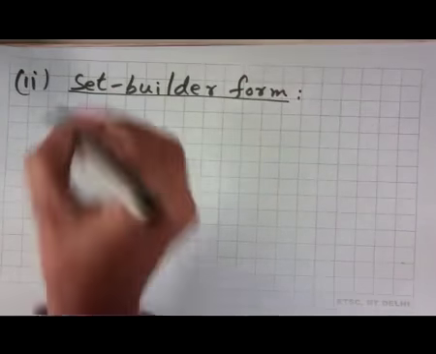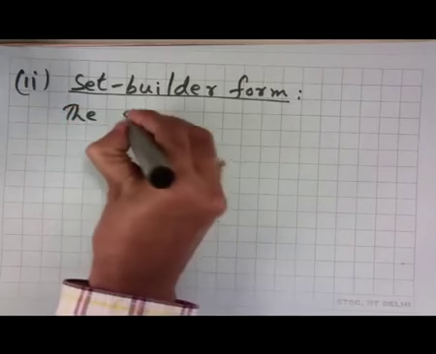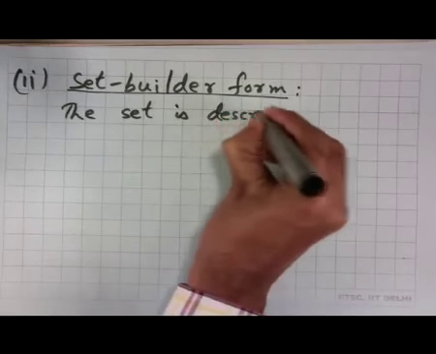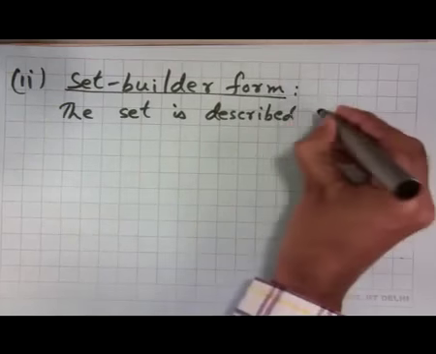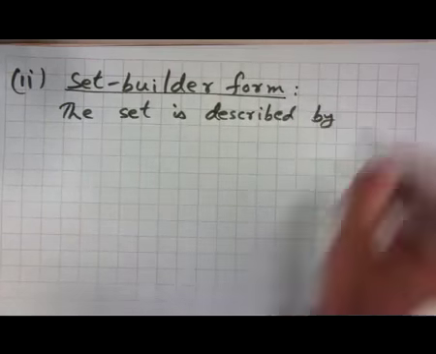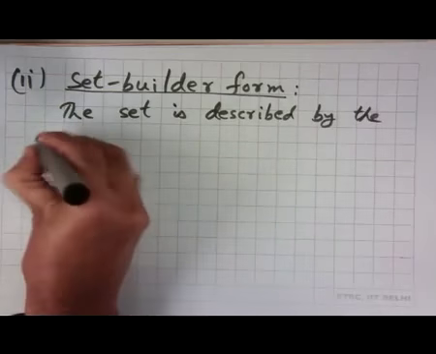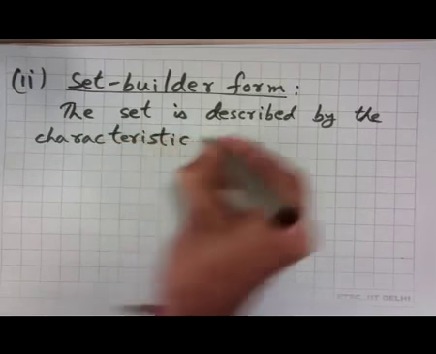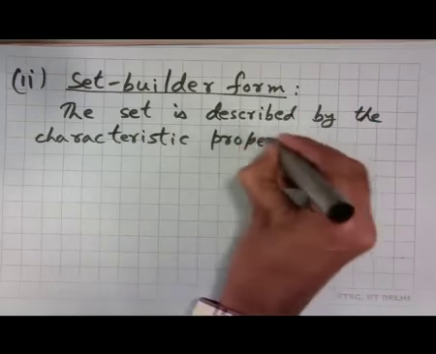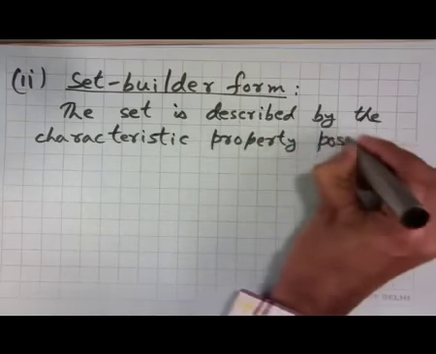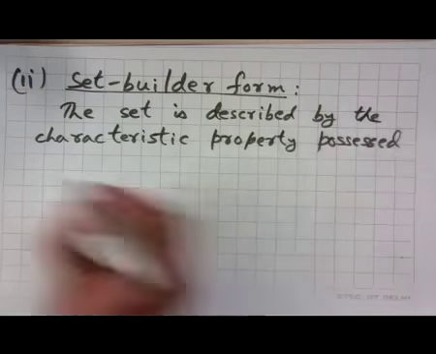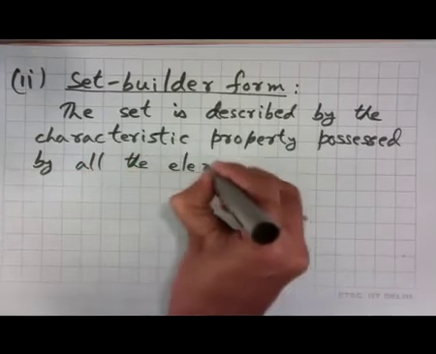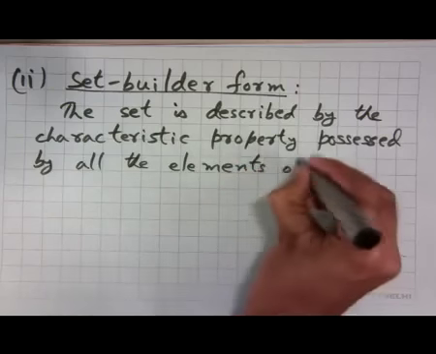In this form the set is described by the characteristic property possessed by all the elements of the set.